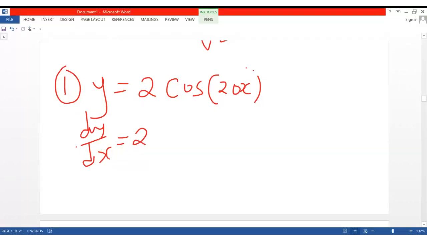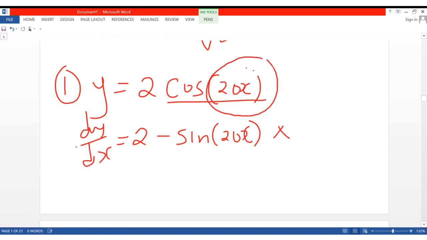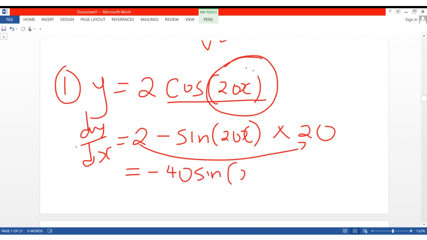But when you differentiate cos, you get negative sine 20x, the same function. But now you come inside the brackets. When you differentiate 20x, you get 20. So when you multiply the 2 and the 20, you remain with the negative. You'll get negative 40 sine 20x. That's what I had said.